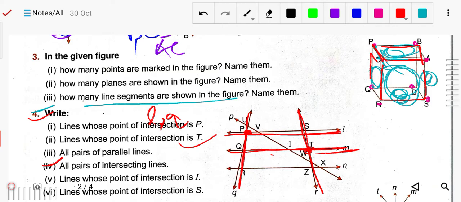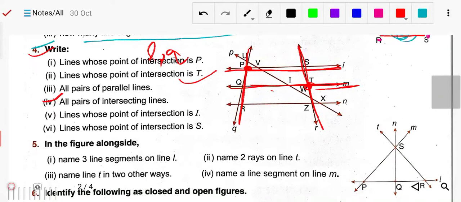So likewise you can write the answer for this. Total, there are 6 questions here, so you can do it. So in question number 4, only all pairs of intersecting lines you have to write, like LP, MP, so there is the M and this P, so like this, a pair of the intersecting lines.